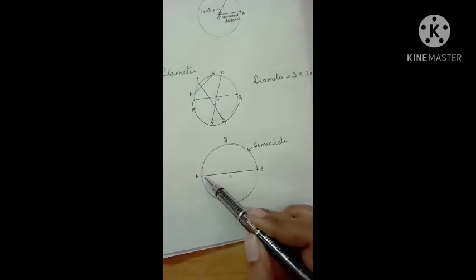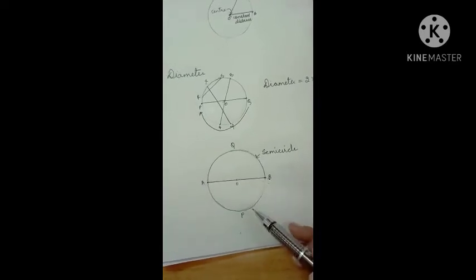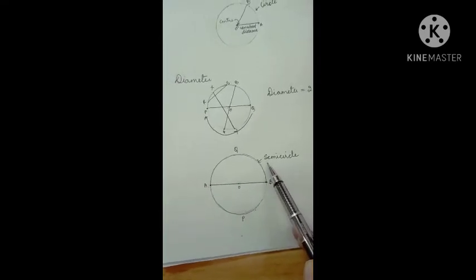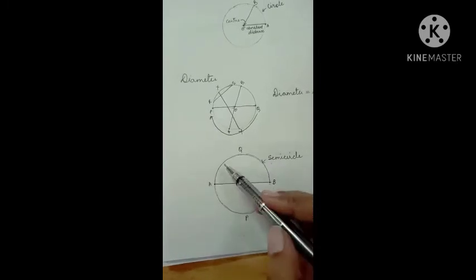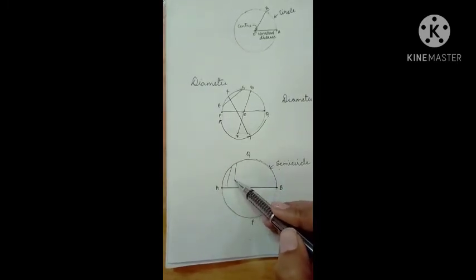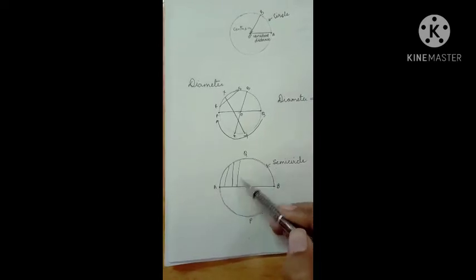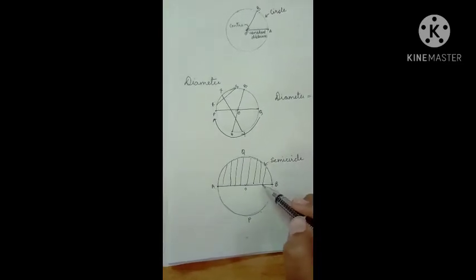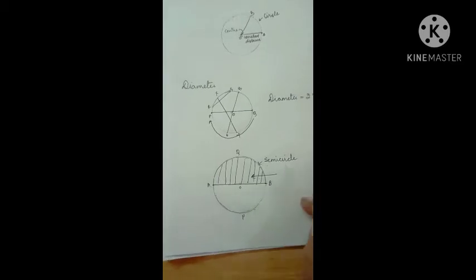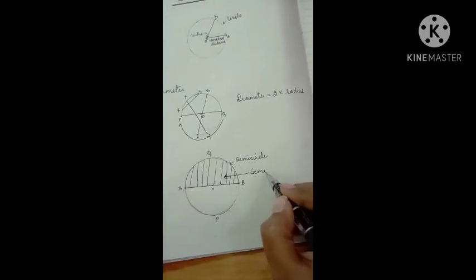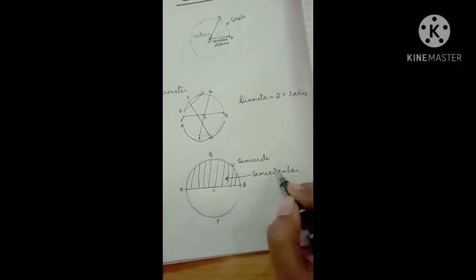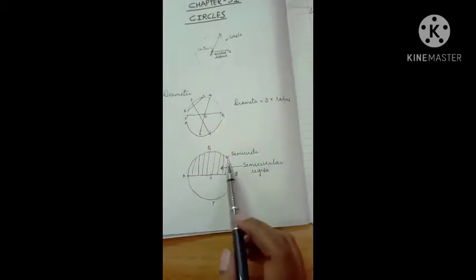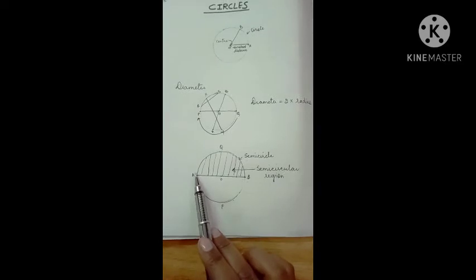Each of these arcs is called a semicircle, and the region enclosed by a semicircle and the diameter is known as the semicircular region. Okay, so this arc is a semicircle.